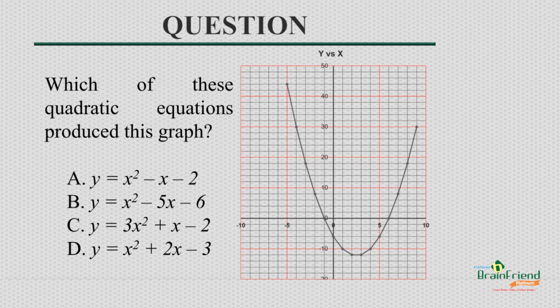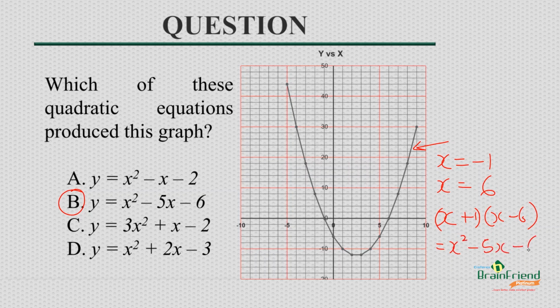The answer is B, y equal to x squared minus 5x minus 6. That's because this curve cuts the graph at x equal to minus 1 and x equal to 6. By the time you expand them, x plus 1 and x minus 6 by expansion will give you x squared minus 5x minus 6.